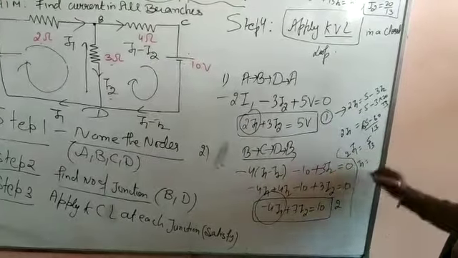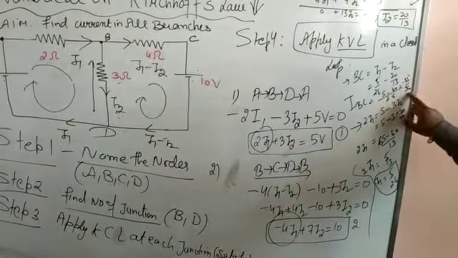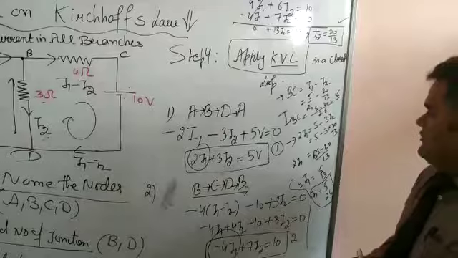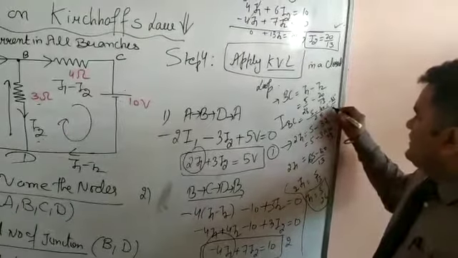What is I1? 5 by 26. What is I2? 20 by 13. Now take 26 as LCM. 5 minus 40, that is minus 35 by 26. The current in BC is minus 35 by 26.